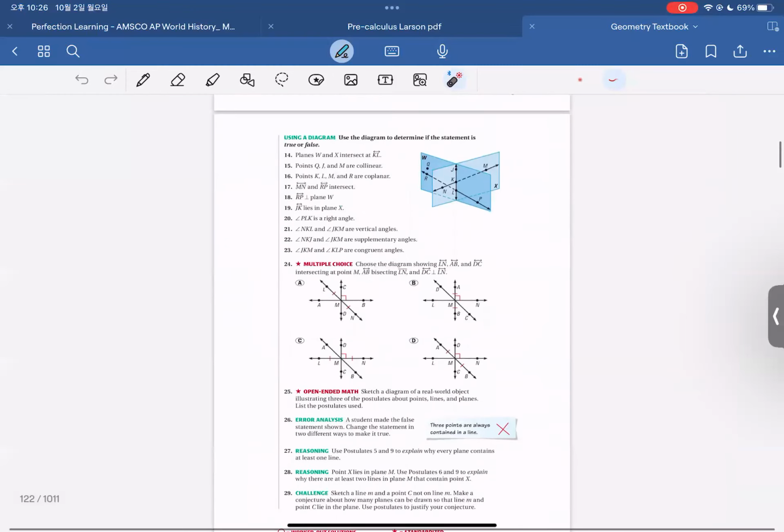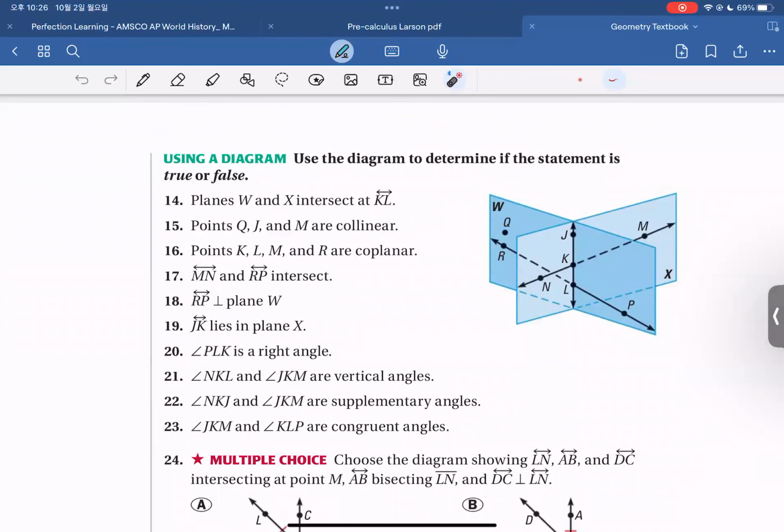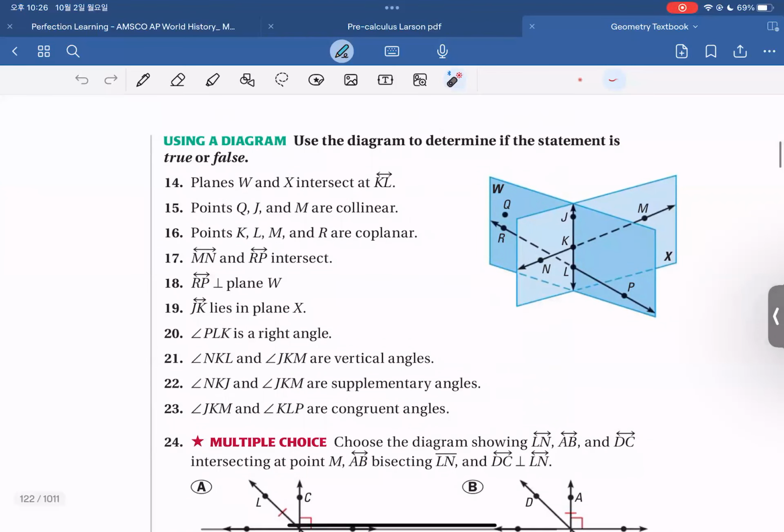Let's look at number 23. Use the diagram to determine if the statement is true or false. Angles JKM and KLP are congruent. Let's see, angle JKM, and angle KLP.